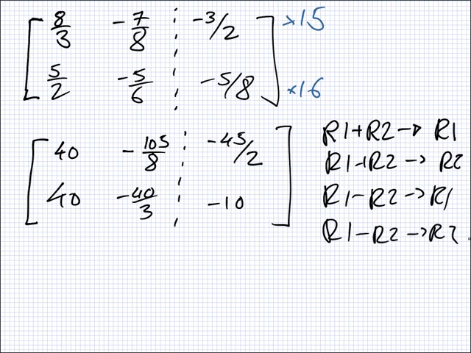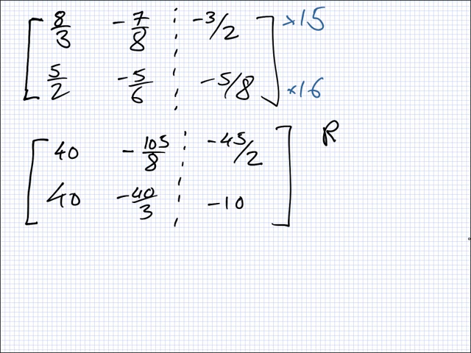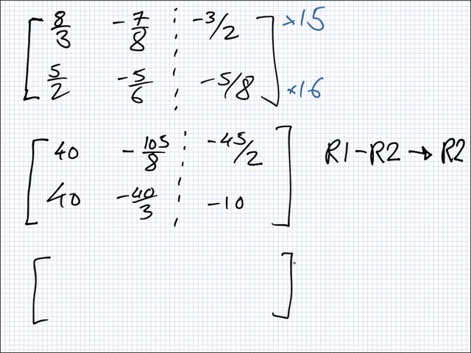Now don't write all that down. What we usually do is we say row 1 minus row 2 and we put the answer on row 2. Because we're putting the answer on row 2, we keep the first row the same.